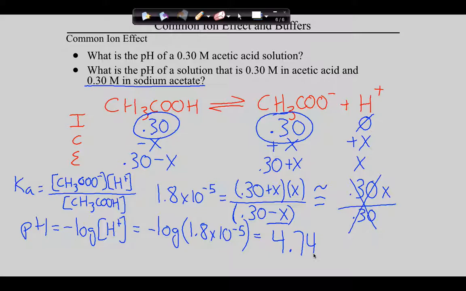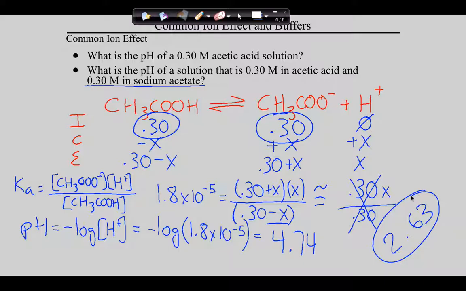But guys, let's put this in context. Our unaffected pH, if you remember, was 2.63. So how many times less acidic is this? 100. Using round numbers, it's 100 times less acidic.